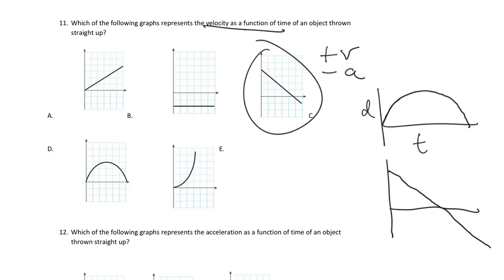Okay, again, this is a positive velocity V versus T graph. This is positive velocity decreasing at a constant negative 10 slope. This would be on the way down. They only showed it like so far.